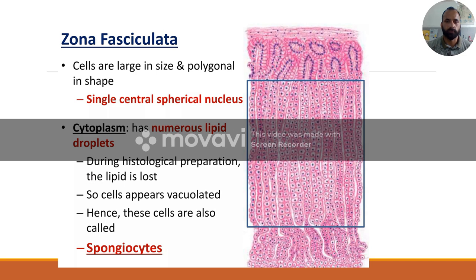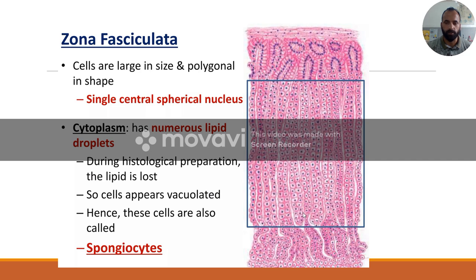Zona fasciculata. The cells are polygonal, with a single centrally placed nucleus. Many lipid droplets are present, and under H&E the lipid does not get stained. Because of these unstained lipid droplets in the cytoplasm, it takes on a whitish, vacuolated color.